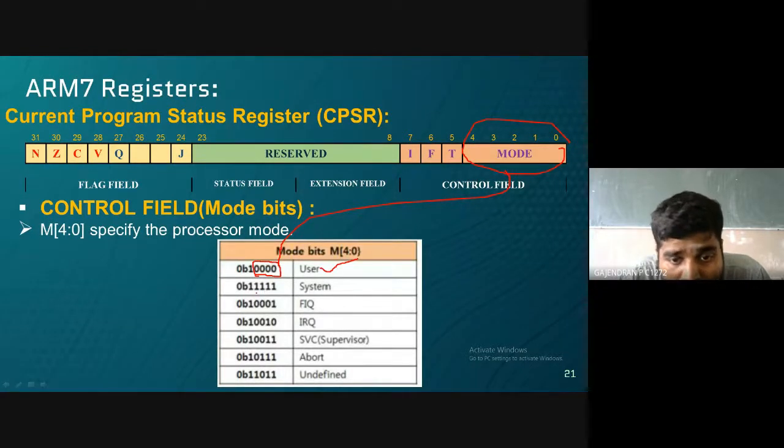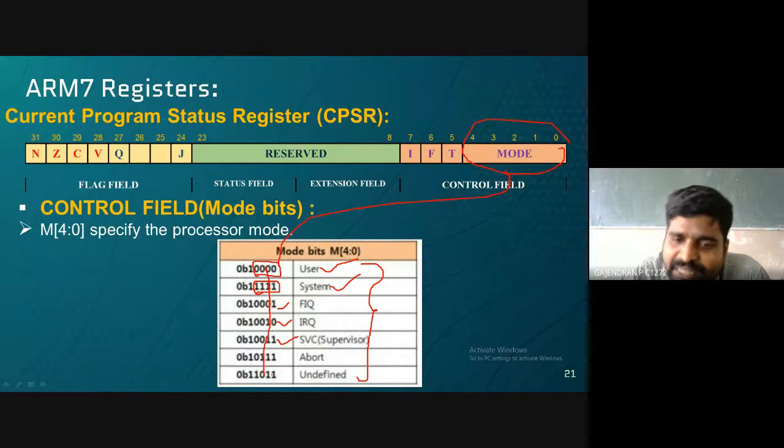If all are 1, system mode. Then the others, அதுக்கடுத்தது என்ன? இது எல்லாமே வேற ஒரு ஆர்டர்ல இருக்குது. It is not in binary order. Am I correct? There is a reason behind that.